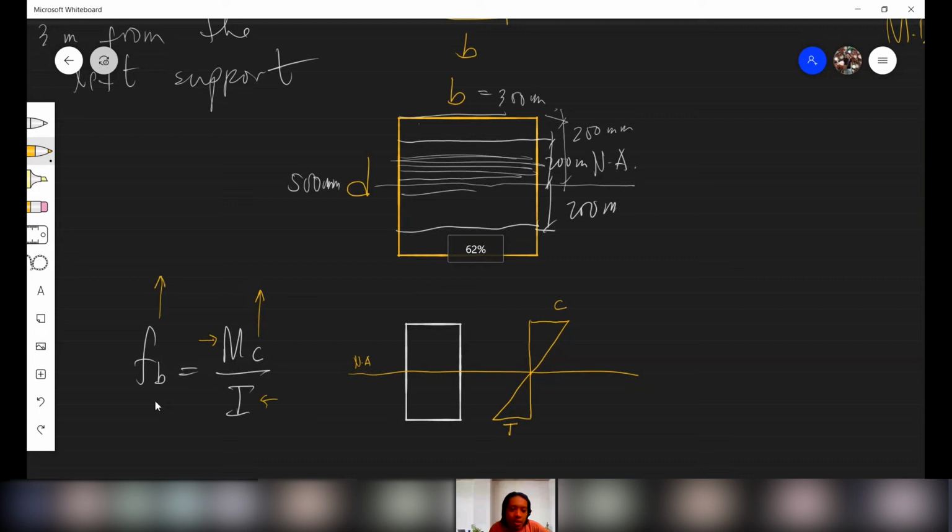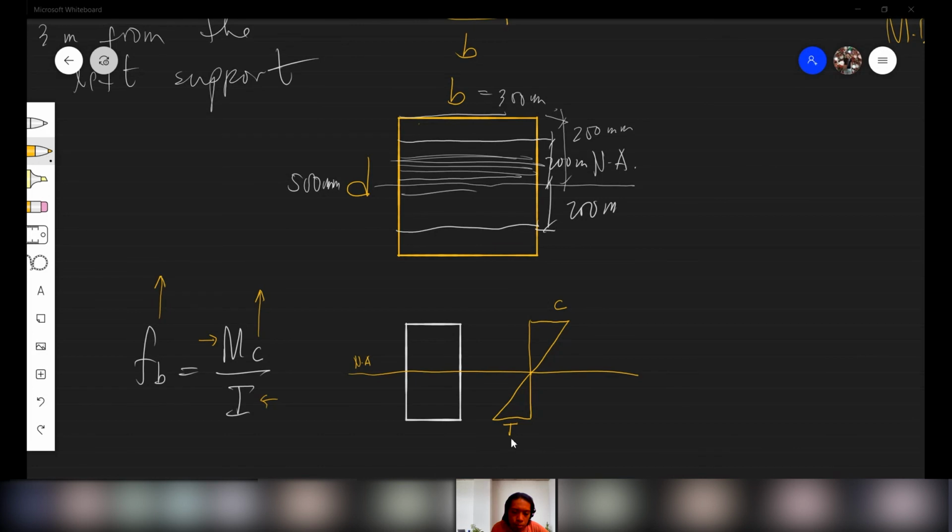Since we want the maximum flexural stress, it is the section where the maximum moment occurs. Which fiber should we consider if you are trying to solve for the maximum flexural stress? The outermost fiber, sir.